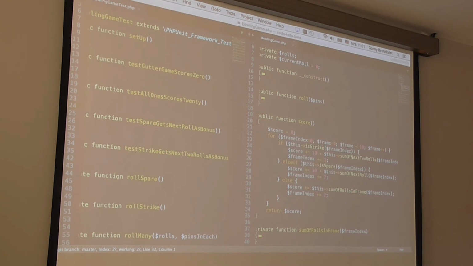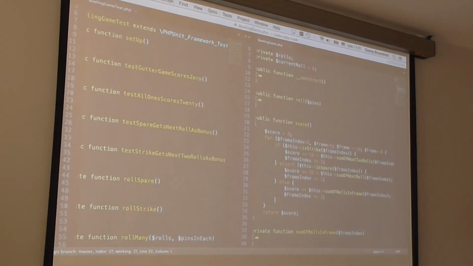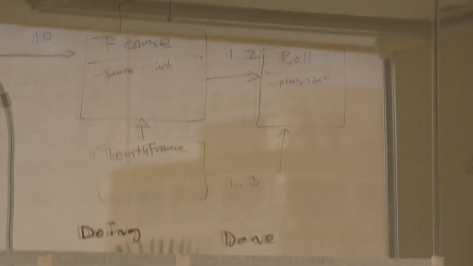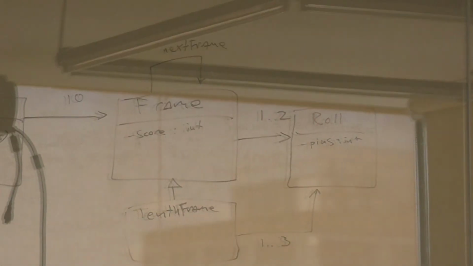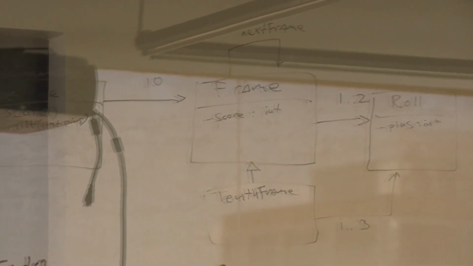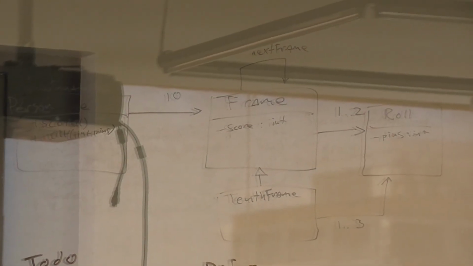So in this story, we started talking about the design of the system, which is over here, where we had a game, and the game had frames and rolls, with a special 10th frame, and each frame had a reference to the next frame. That's the object-oriented analysis of the system.